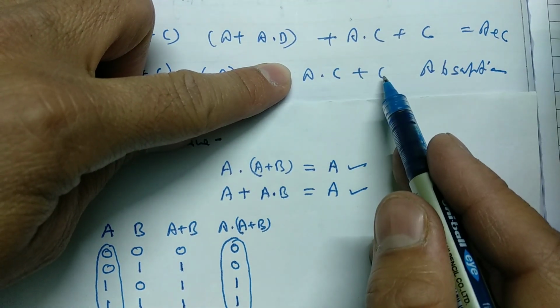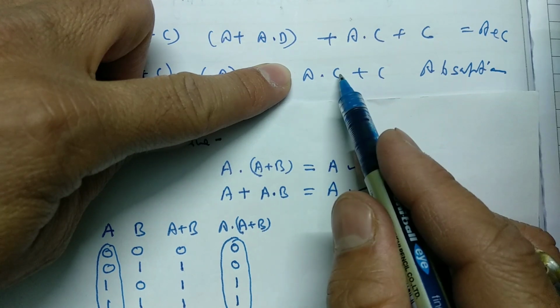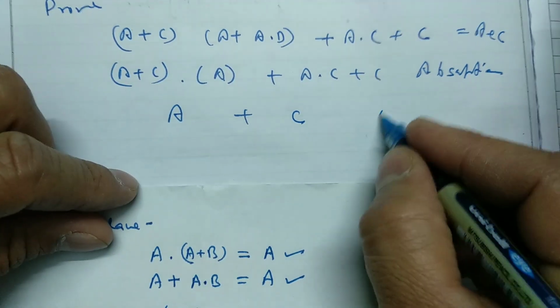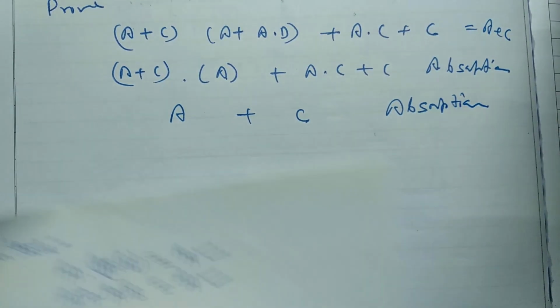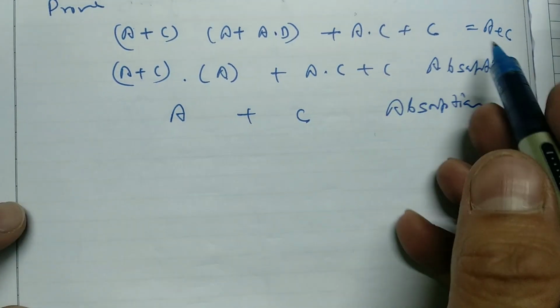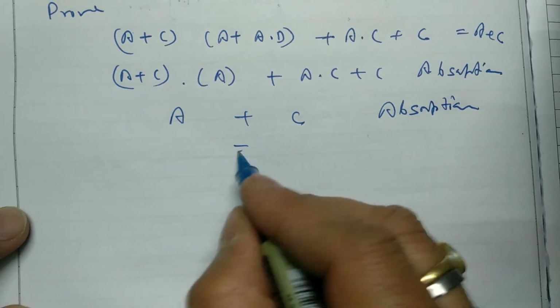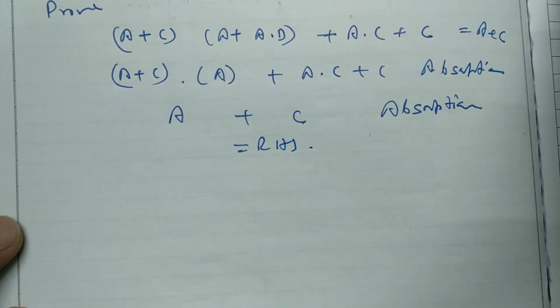Which term is coming twice? C. C or A and C, so this is also C. This is absorption law, and what you have got is the right hand side. This is equal to the right hand side.